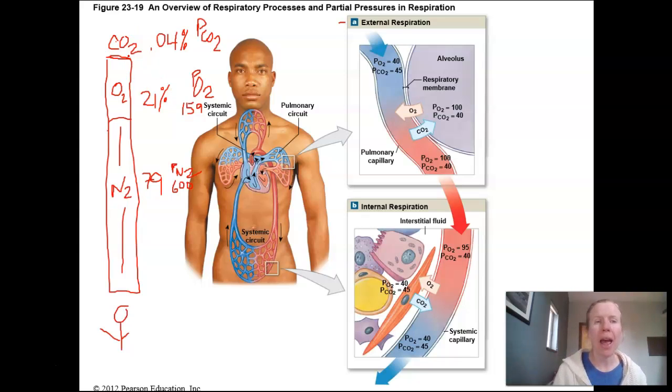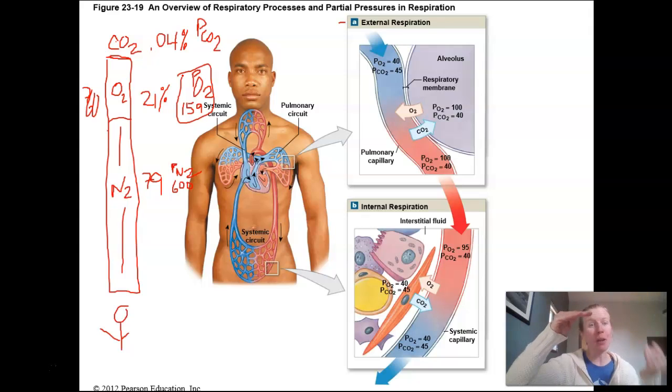Okay, so at sea level, right, when this whole column weighs 760, 21% of it's oxygen, so the partial pressure of oxygen is about 159 millimeters of mercury. So Dalton's law just really says, well, 159 plus 600 plus these little other gases equals the total. Duh. Okay. The sum equals the total.